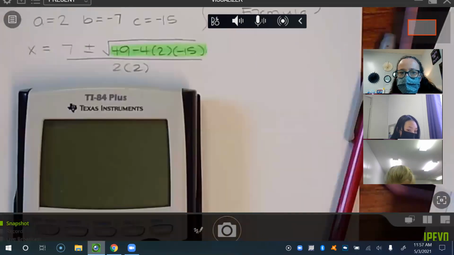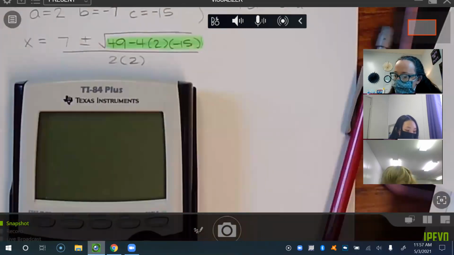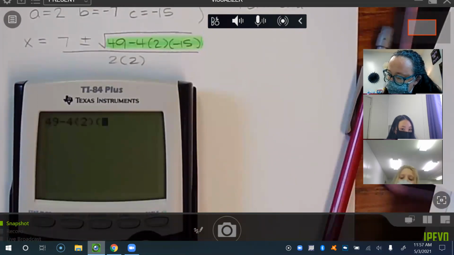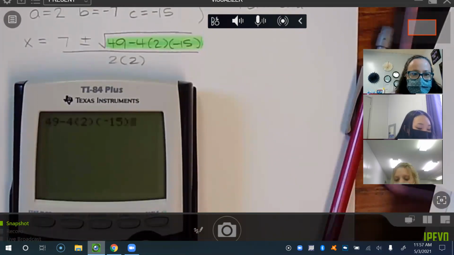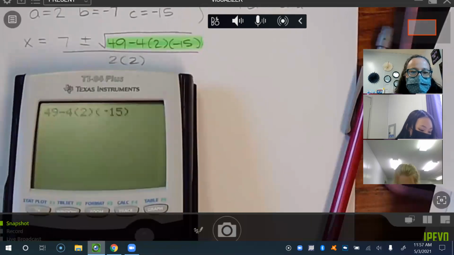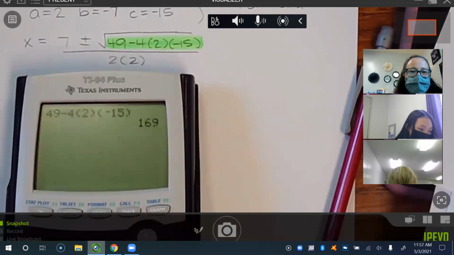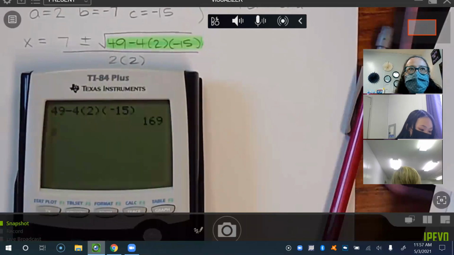So you get your calculator and I hit second quit. Gosh, it's hard to see this. Maybe that's better. I don't know. All right, so I'm just typing in what's under the radical. There we go. That's called the discriminant. And I get 169. Did you guys get that?